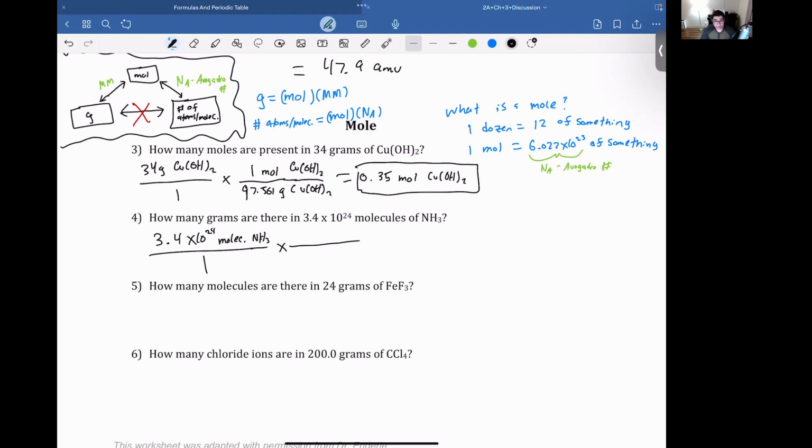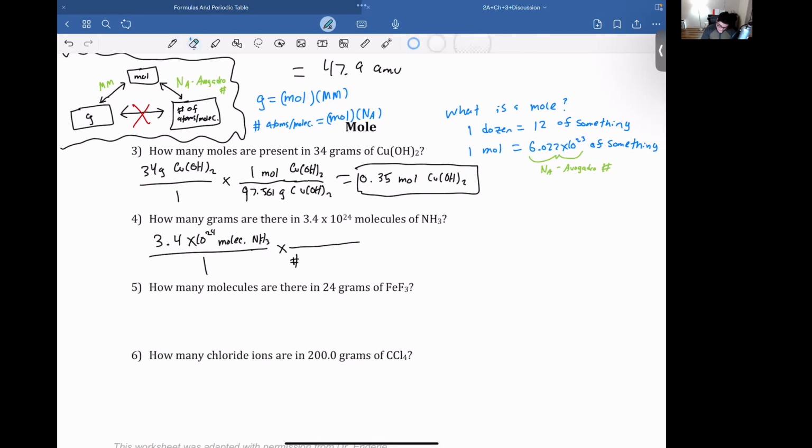Again, you can use the formula that I wrote above in blue, or you can use this fractional method. They are mathematically the same. It's just a matter of how you're setting it up and solving for things step by step. So there are 6.022 times 10 to the 23rd, Avogadro's number, molecules of NH3 for every 1 mole of NH3.